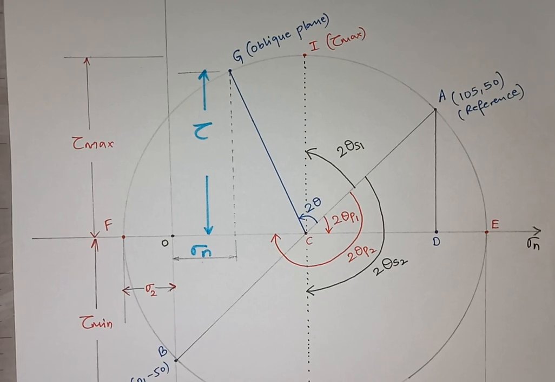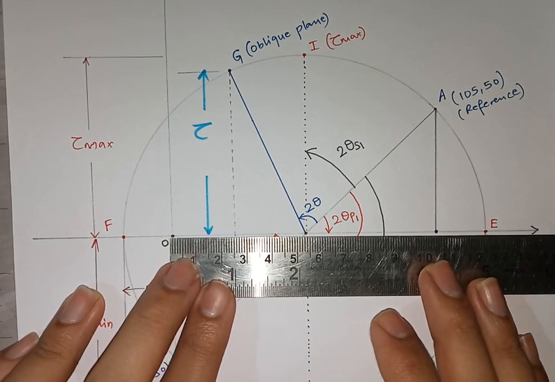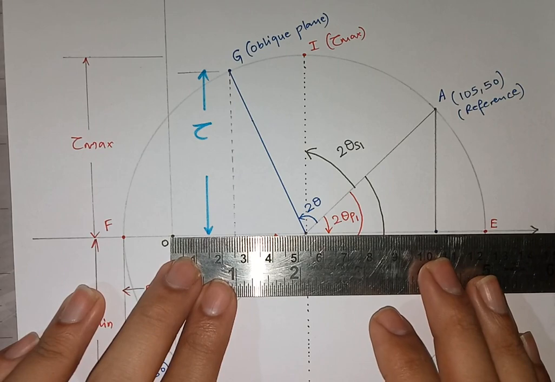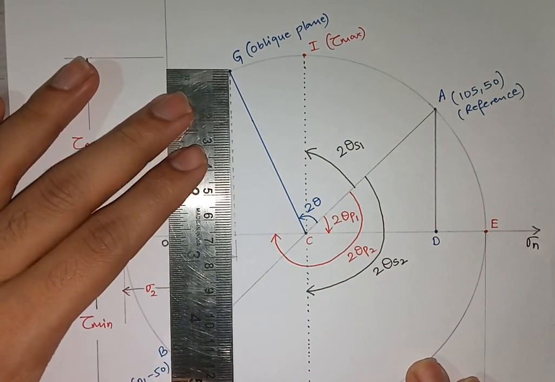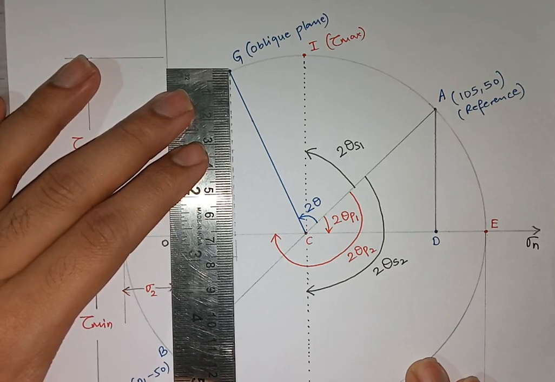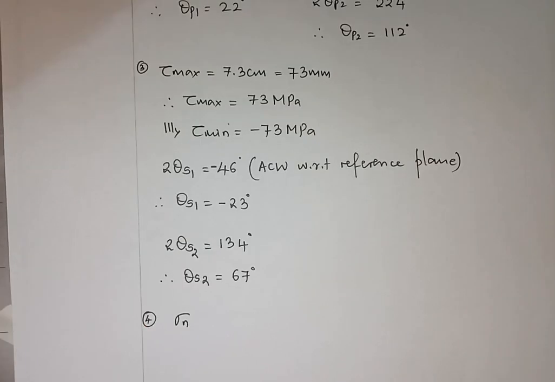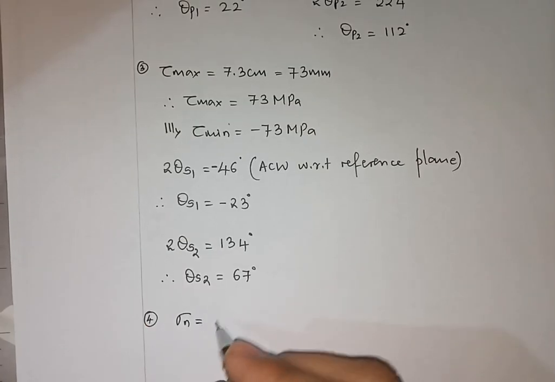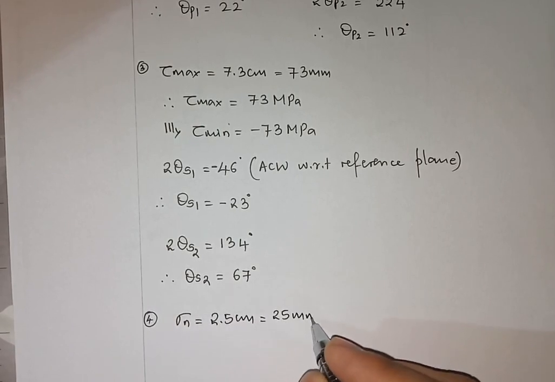In order to do that, first let me measure sigma n, then I'll be measuring tau. So sigma n is 25 mm or 2.5 centimeter, and tau is 6.7 centimeter. Here sigma n is 2.5 centimeter, that is equal to 25 mm.